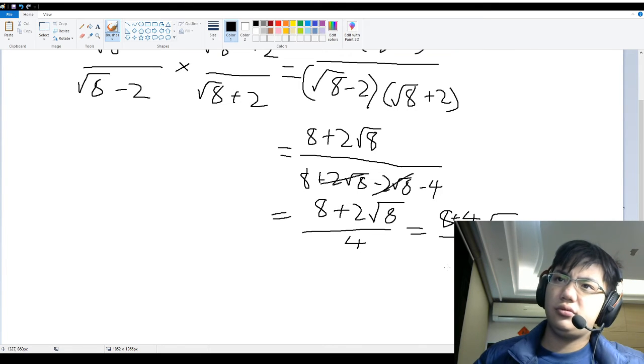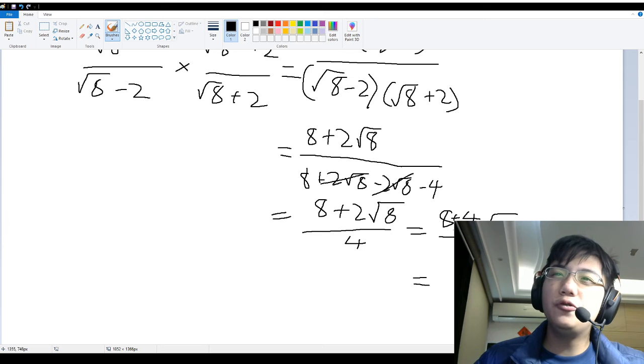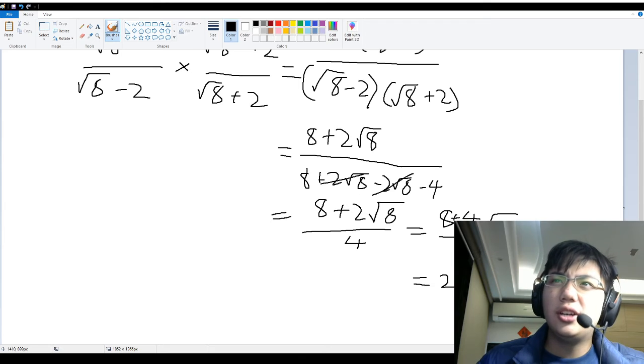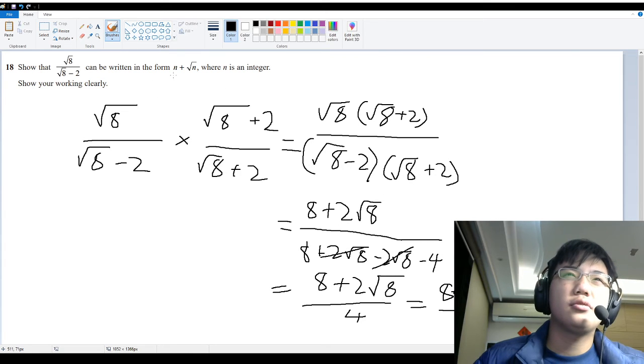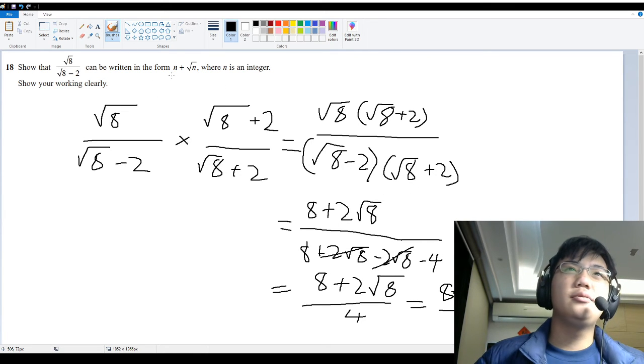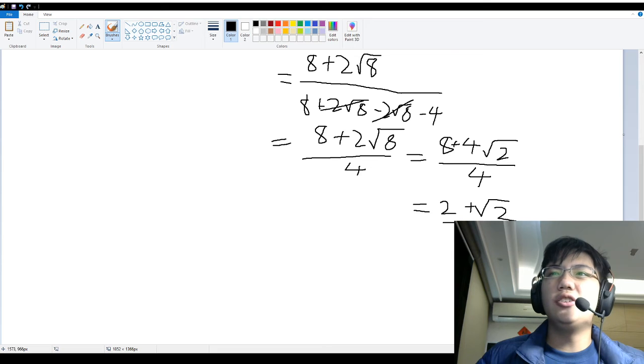So we can divide both terms of the numerator by 4. So 8 divided by 4 is 2, while 4 root 2 divided by 4 is root 2. So 2 plus root 2, which is in the form of n plus root n. Therefore, we've just solved our question.